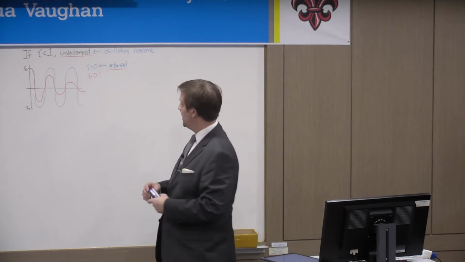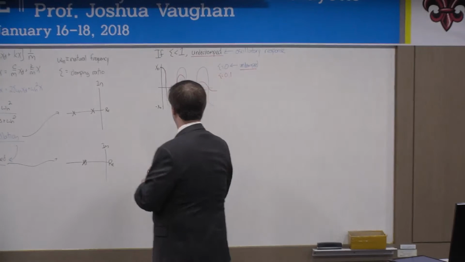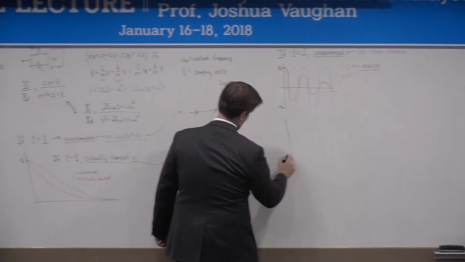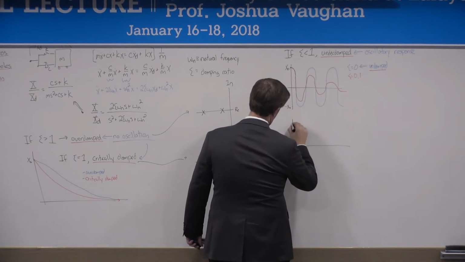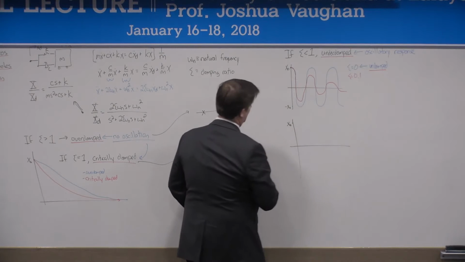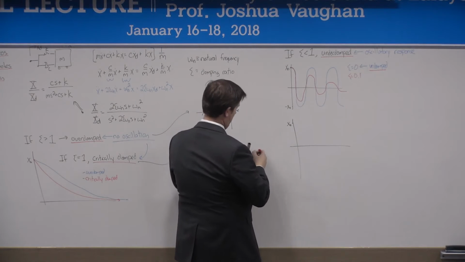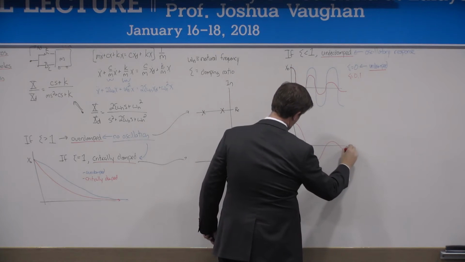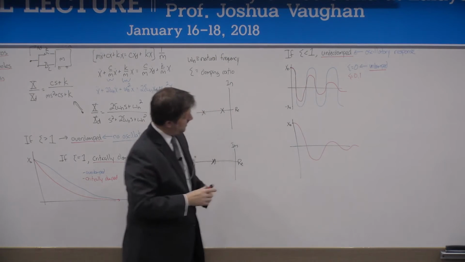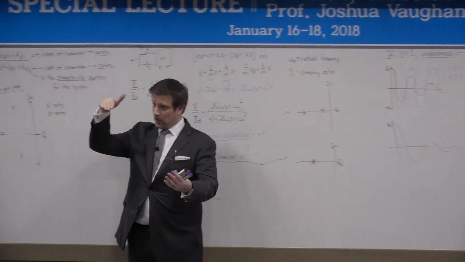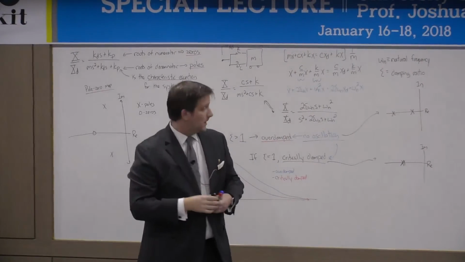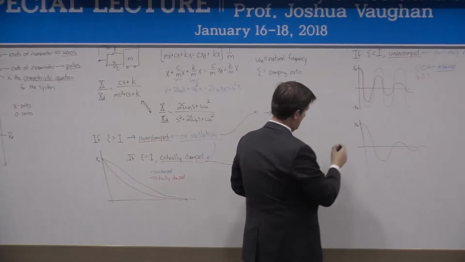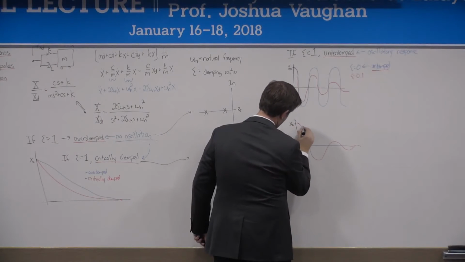What's a little bit cool about this is that, let's look at that response again, starting at x0, we can look at the envelope that defines how quickly we're decaying.